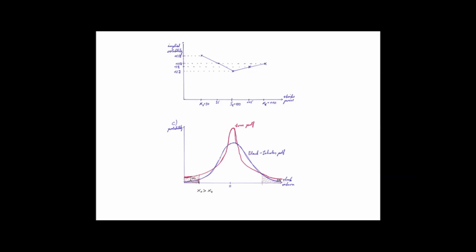Now, one pattern you also see from this picture is that on the left-hand side, if you're $10 below the at-the-money strike price, we actually have a higher implied volatility than if you're $10 above at-the-money. Here we only have a volatility of 13.5%, here it's 15.5%. What does this mean?